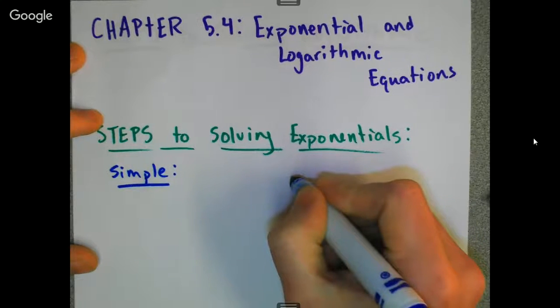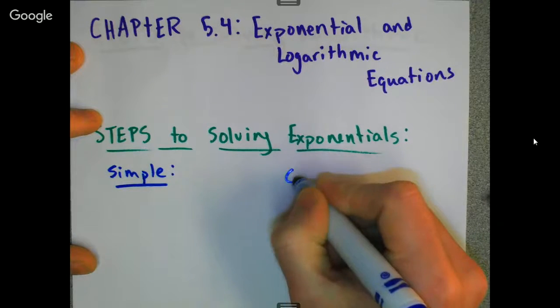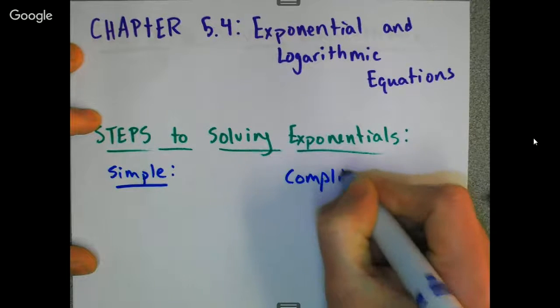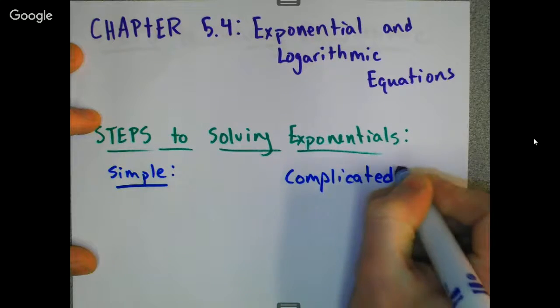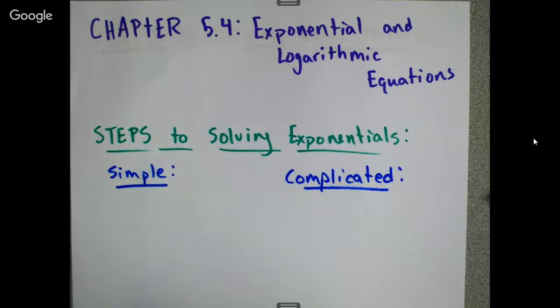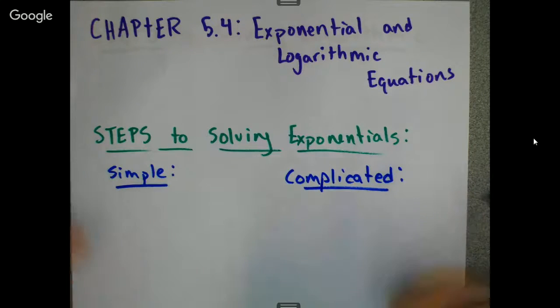So we'll just say complicated. The process can be the same for both, but it's a little bit easier if we separate it into two different ways of doing it.